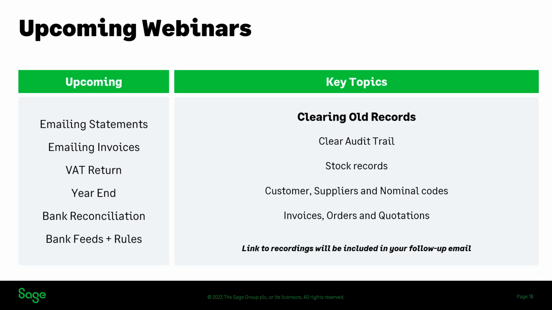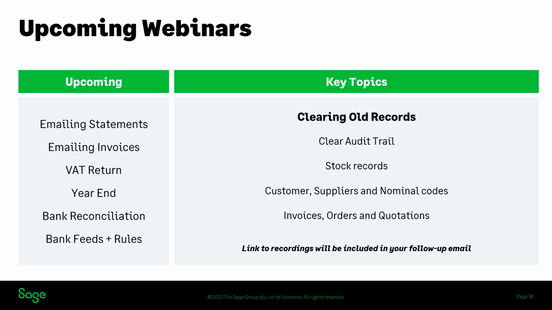For some of the upcoming webinars, I have mentioned there about clearing old records, because this is part 3 in that series of webinars we were running. So you may have come across clearing old records as part of maybe the year-end webinar, where we mention the optional task. Remember, removing records is optional.